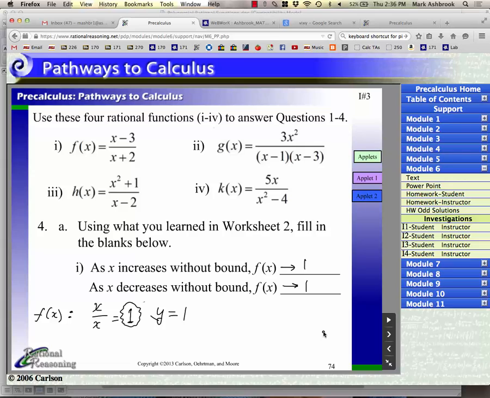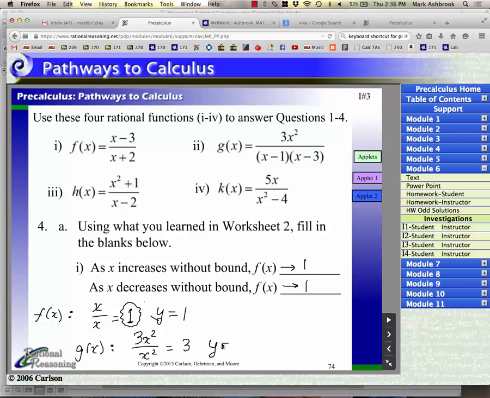Okay, what's the effective leading term in number 2? We have to multiply out the denominator. What's the effective leading term in number 2? I heard 3x. I heard 3x squared. It's going to be 3x squared over x squared, and we can simplify that to 3.